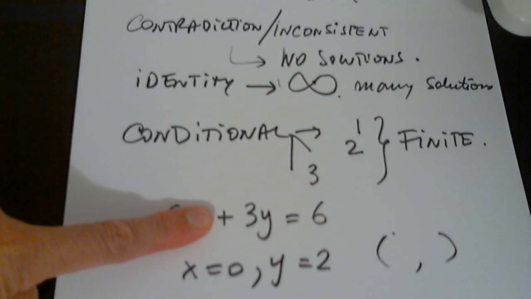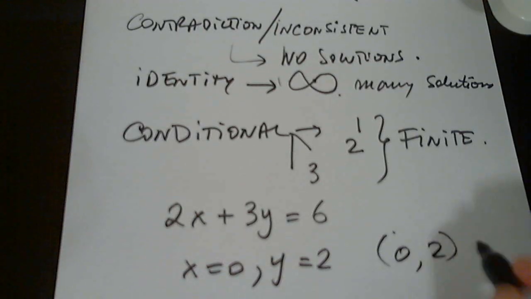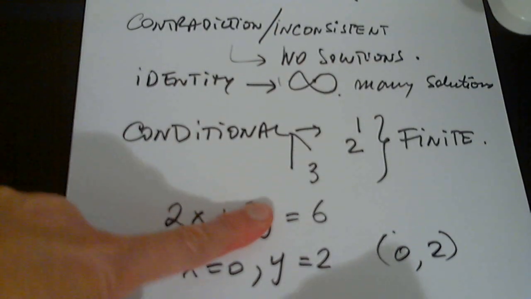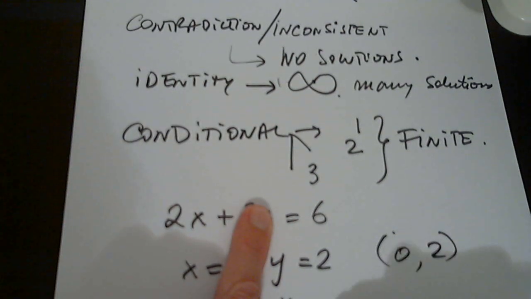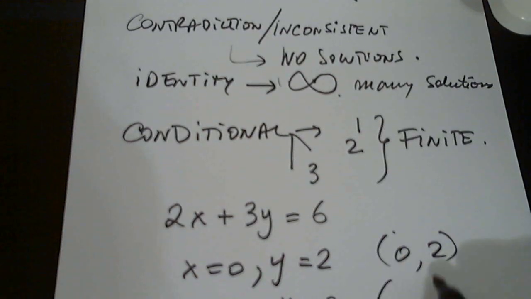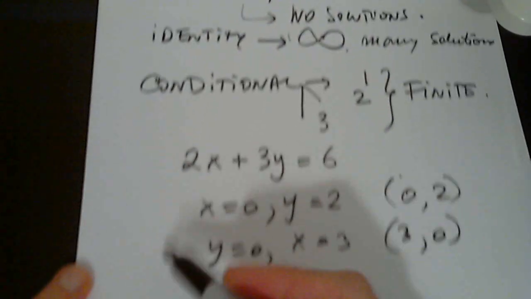What is the ordered pair that we just determined? 0, 2. Perfect. When y is 0, how much is x? 3. Perfect. What is the ordered pair? 3, 0. Perfect. That's all I need.